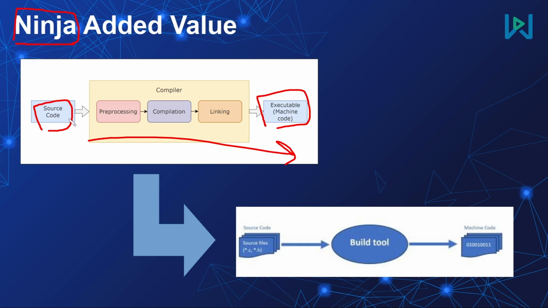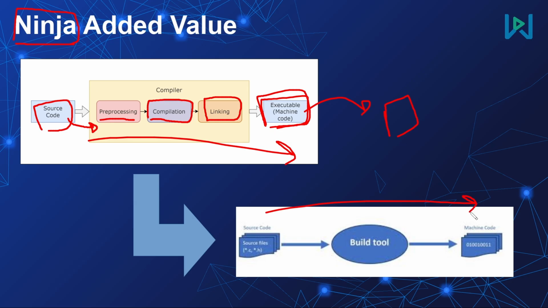Hence, instead of providing the sources one by one for pre-processing, then compiling those pre-processed sources to object files, and then linking all those object files one by one to generate the final binary, which will be loaded into our hardware device, Ninja allows writing our complete build system to automate this whole flow.